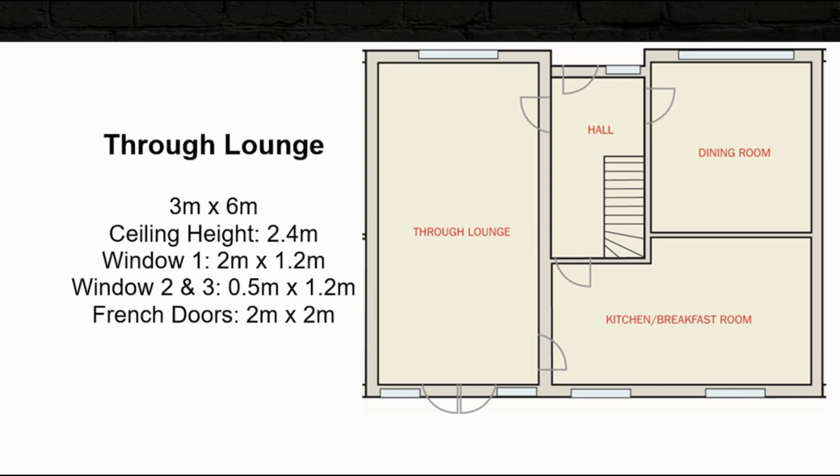There is a singular window at the front of the property, which is 2 metres wide by 1.2 metres high. There are 2 windows at the rear which are 0.5 metres wide, but again the same height as the front window, 1.2 metres. And then there are a set of French doors, PVC, which are 2 metres by 2 metres.